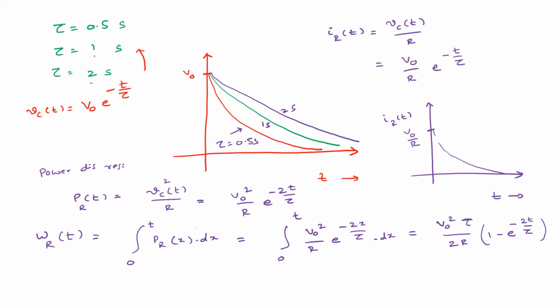What is the value of tau? Tau is RC, right? If you simplify this, what you will get? Tau upon R is C, so one R gets cancelled. So you are left with half CV naught square, into 1 minus e to the power of minus 2t by tau. Agree?